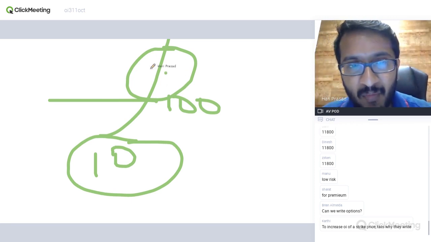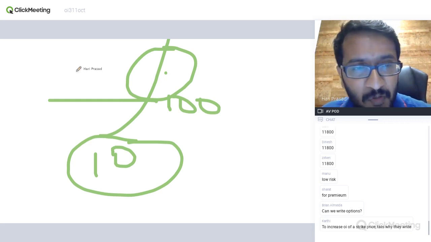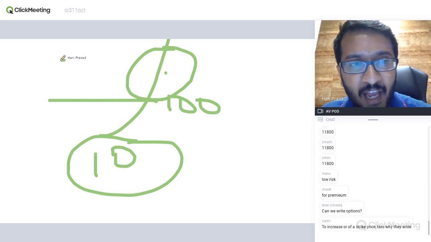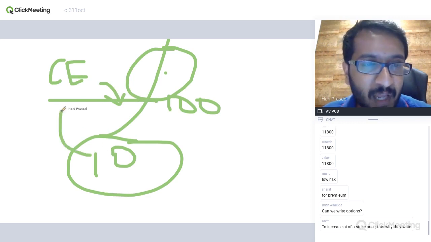So to get this unlimited profit, somebody should be getting unlimited loss, right? There is somebody over here who is writing a call option at 100, and for writing this, he is receiving a premium.